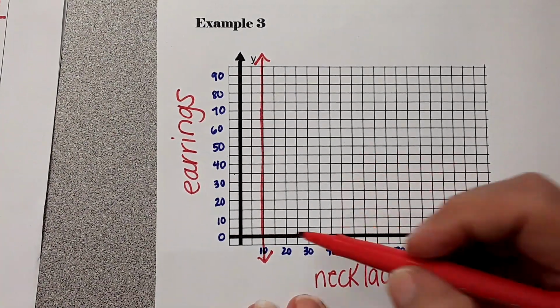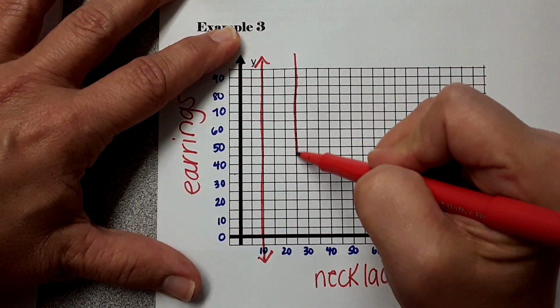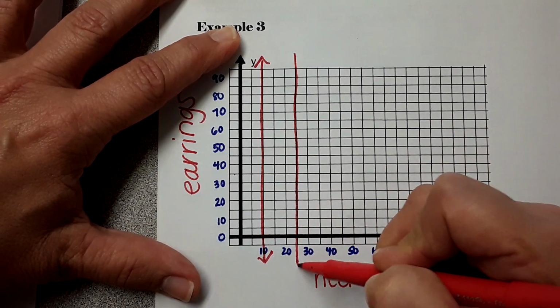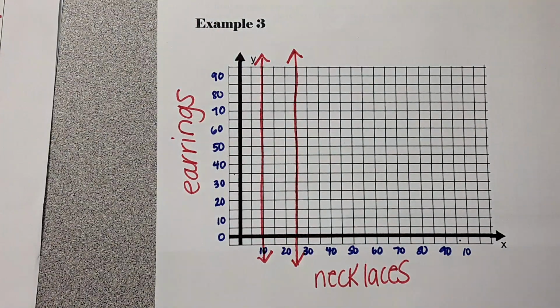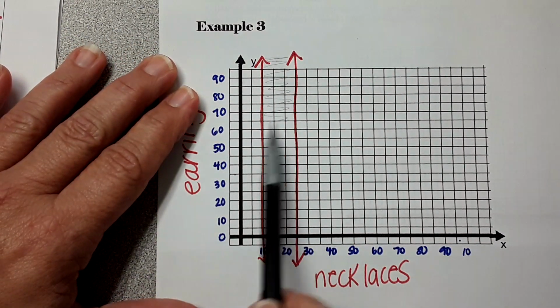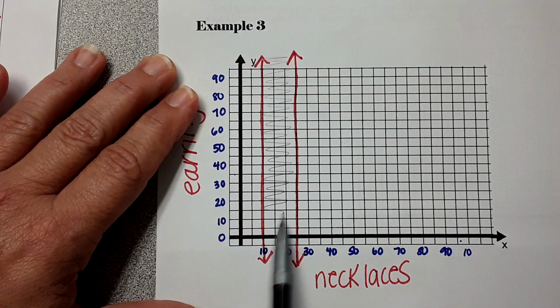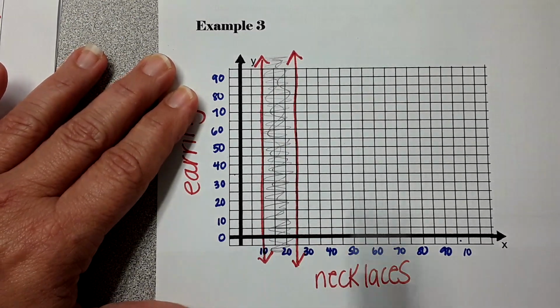And then I'm going to draw another line at 25. And we know we're going to shade in between there. Not very dark, okay?